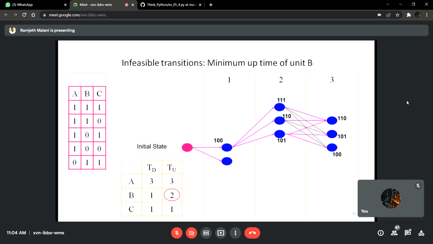Then, if you consider the minimum uptime of the second unit, it is 2 hours.